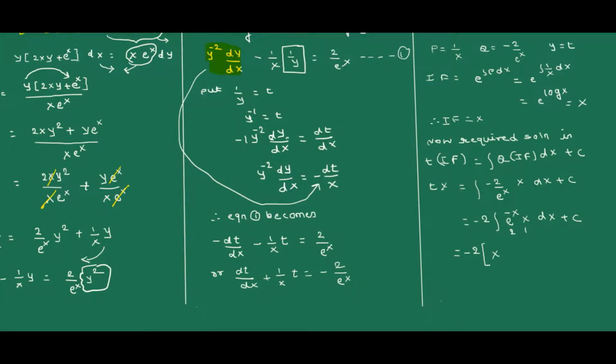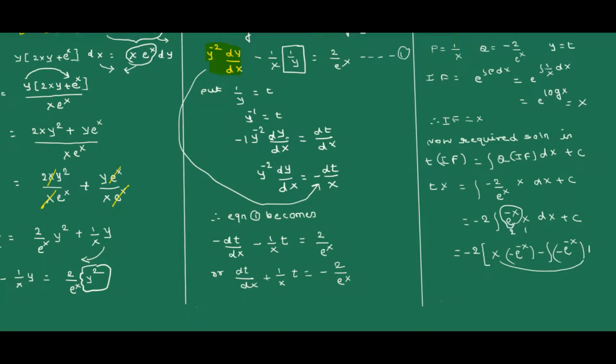What is integration of e raised to minus x? Integration of e raised to minus x is equal to minus e raised to minus x, minus integration of the integrated term, that is minus e raised to minus x, and differentiation of the first term.